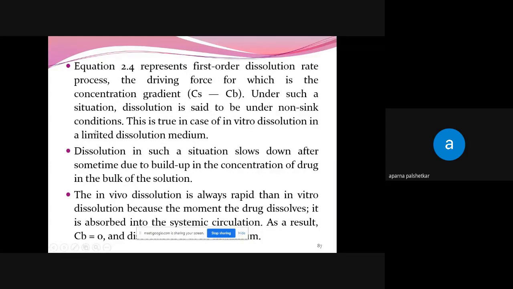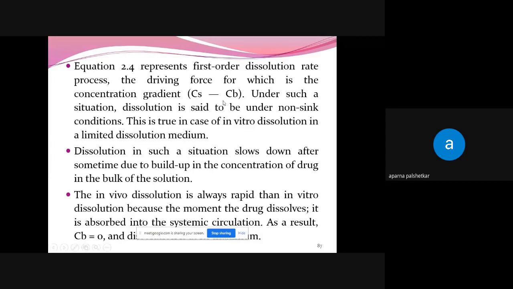So under such a situation, dissolution is said to be under non-sink condition. This is true in case of in vitro dissolution in a limited dissolution medium. What happens is, if I'm carrying out a dissolution study in vitro and I don't replace with fresh media when I remove an aliquot for analysis, the medium becomes limited for the solubility of the drug, and hence the solubility of the drug can be inhibited or stopped because it is already saturated.